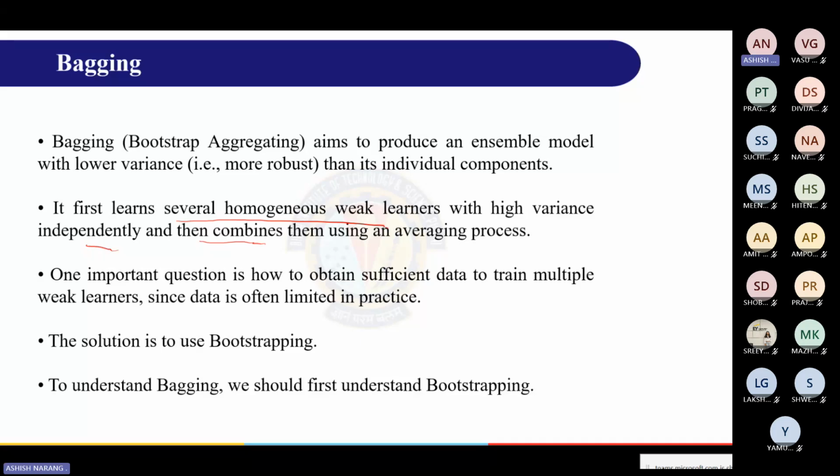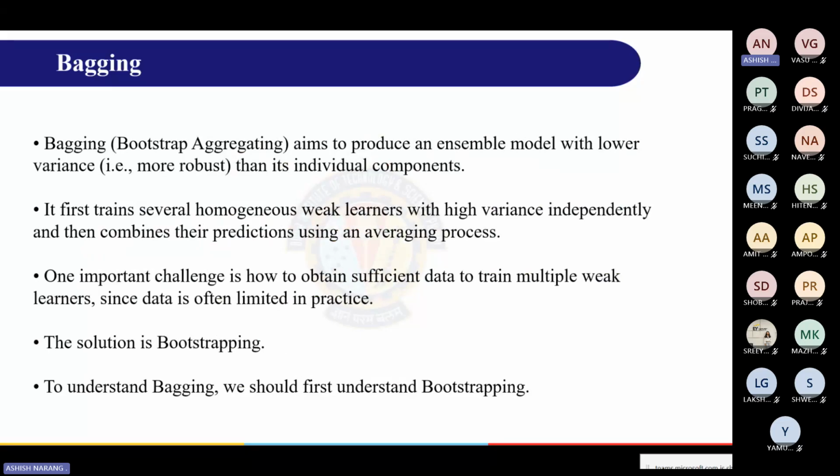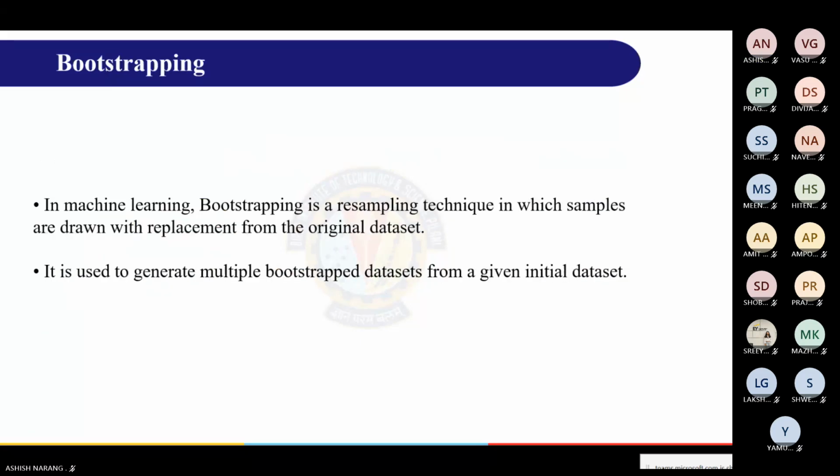So the first step of bagging is bootstrap aggregation. First is bootstrapping. It's a resampling technique in which the samples are drawn with replacement from the original data set. You remember when you were doing permutations and combinations, a ball is drawn randomly from a bag.